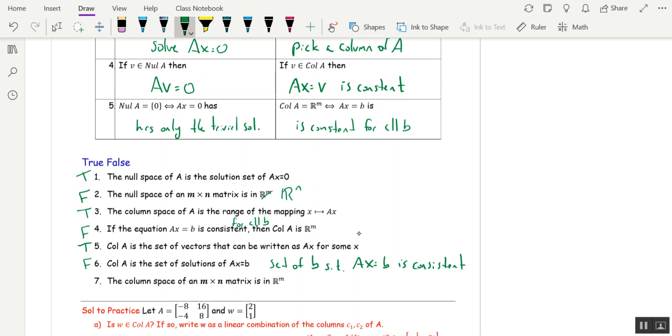So we want the b's, not the x's. And finally, the column space of an m by n matrix is in Rm. That is true. All right, and that is the end.